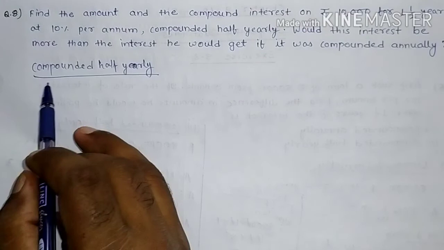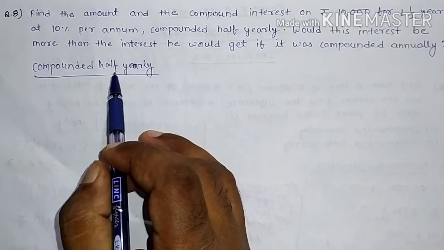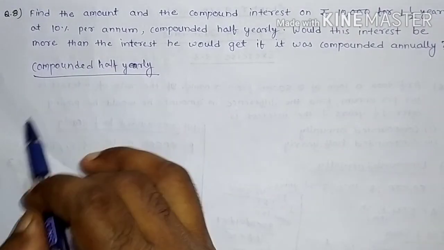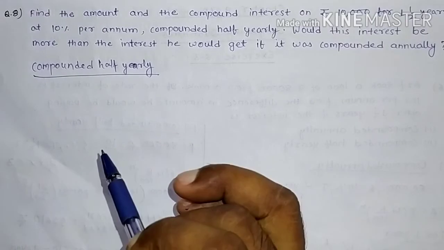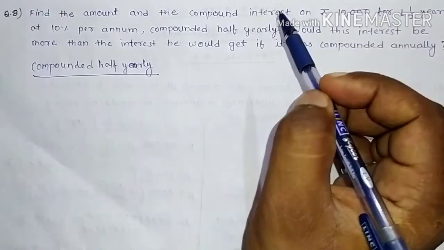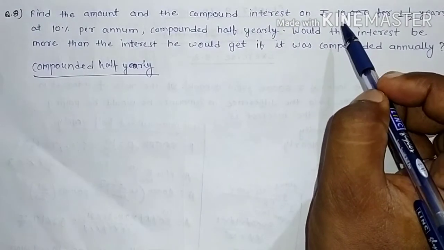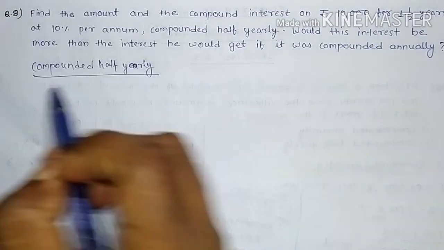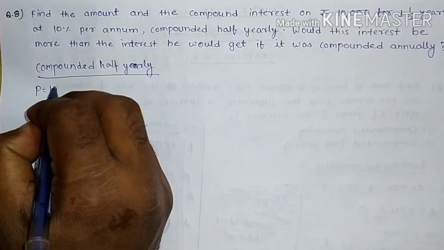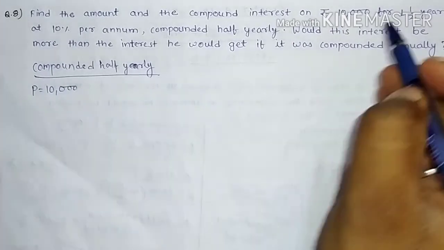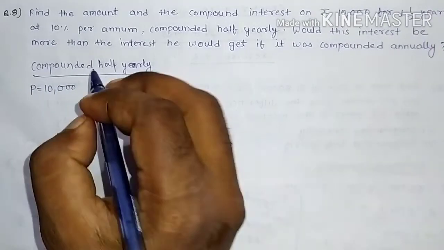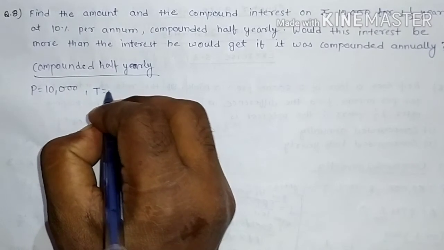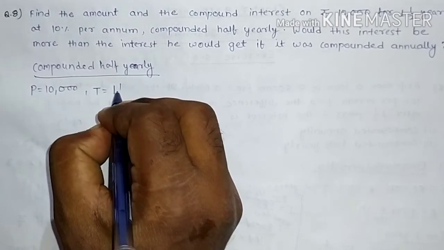When interest is compounded half yearly, in this condition we have to find amount and compound interest, and as given in the question, principal is 10,000, so P equals to 10,000, time is 1.5 year.